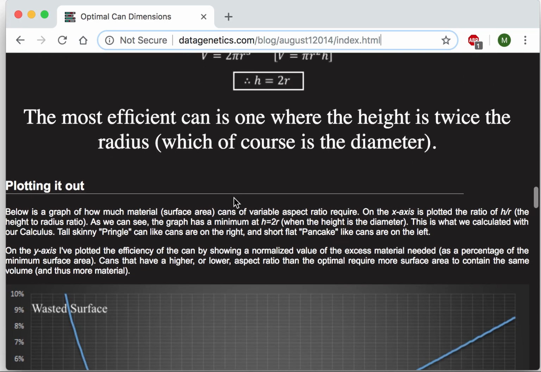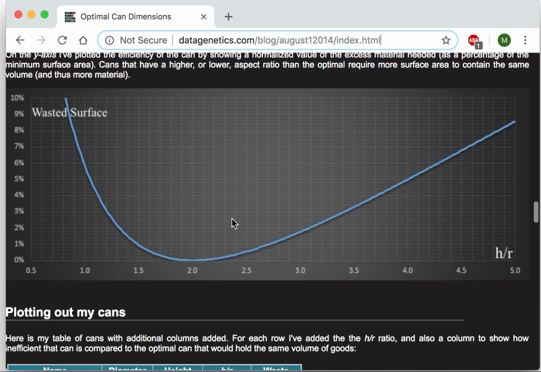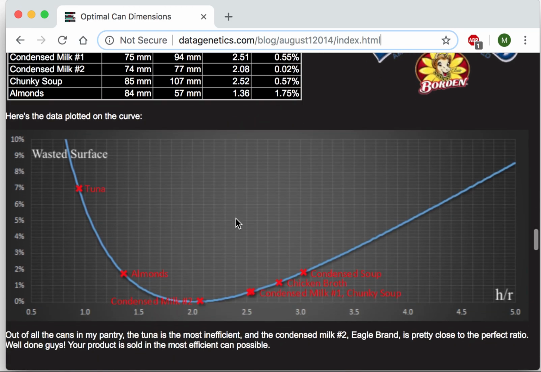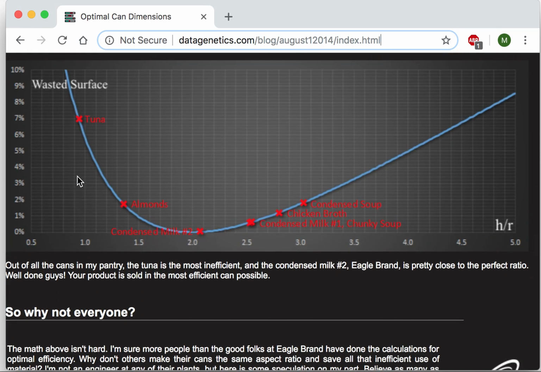The catch, though, is if you actually look at cans in the wild, they went and plotted efficiency of these things, height to radius ratio, how far off are these, and some cans fit pretty closely, some of them are really, really far off. Reason being, optimization problems in the wild get stupid hard because there's lots of considerations to take in.